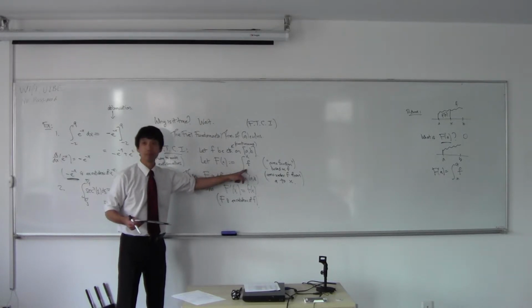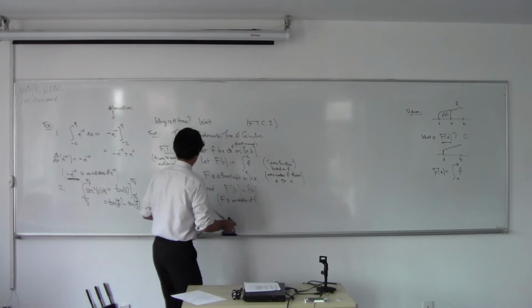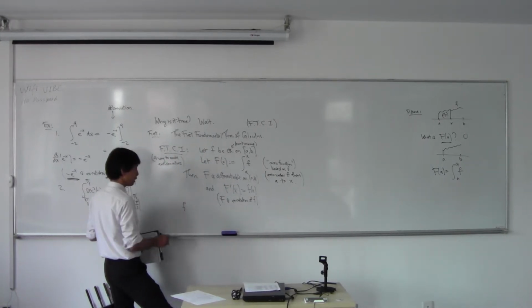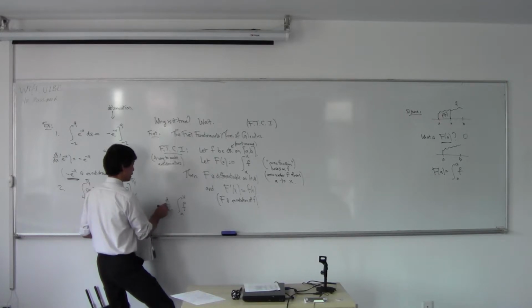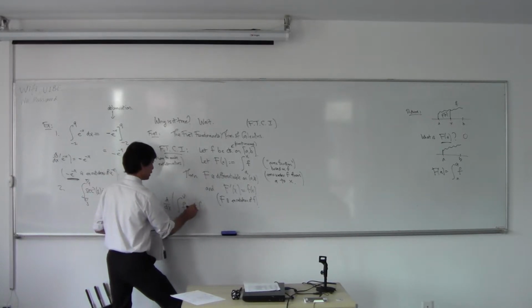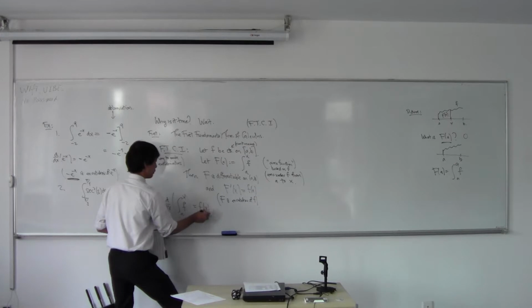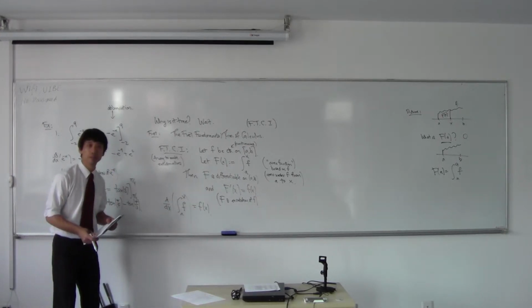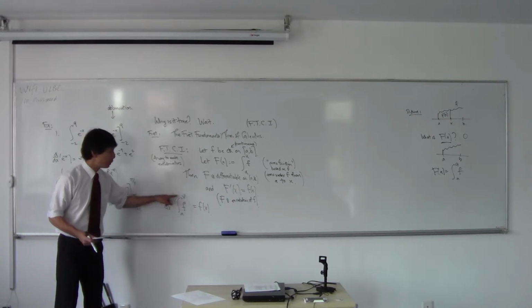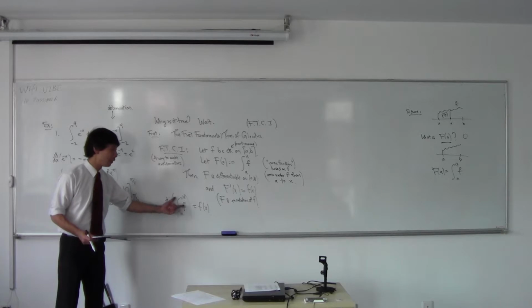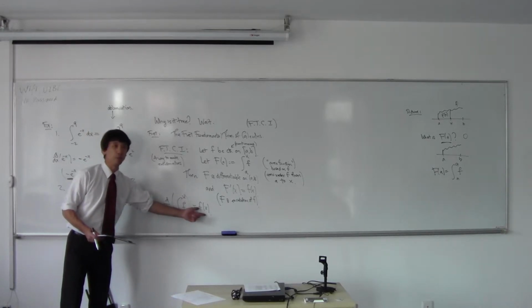This is it. You have some function, you make a new function, and then it turns out that if you differentiate that new function, you get back your old function. You make this new function out of it, the area guy, and if you differentiate the area guy, you recover your original function.